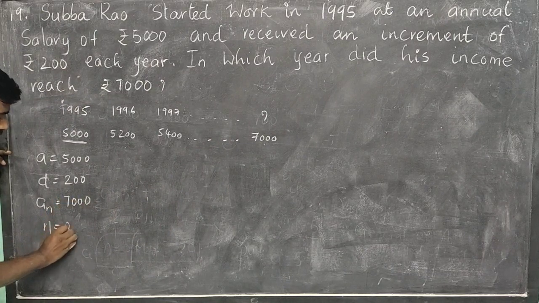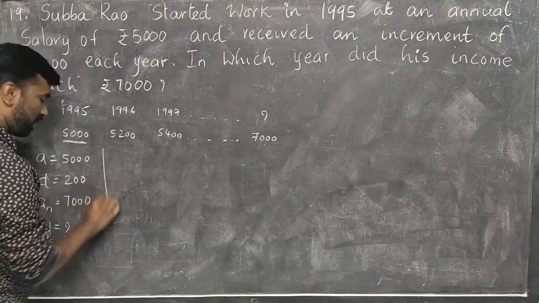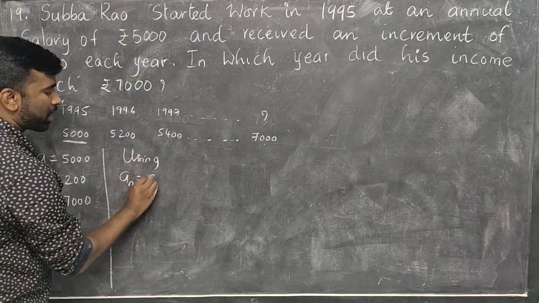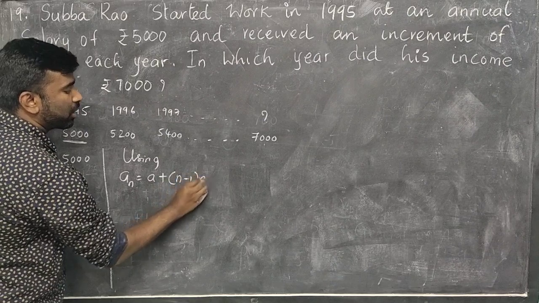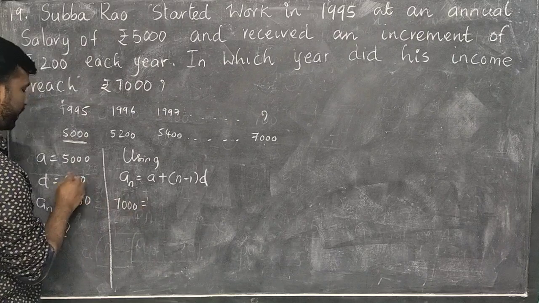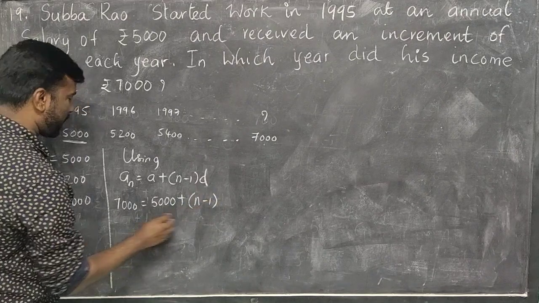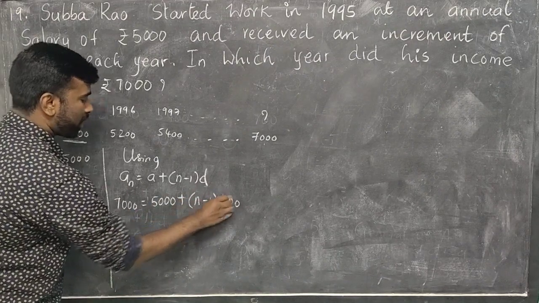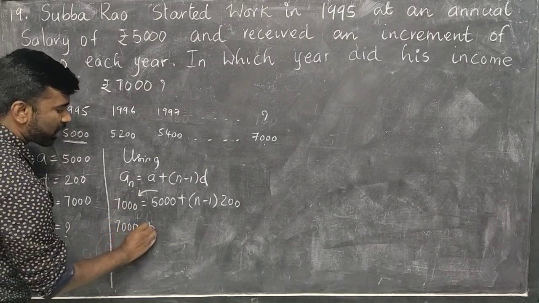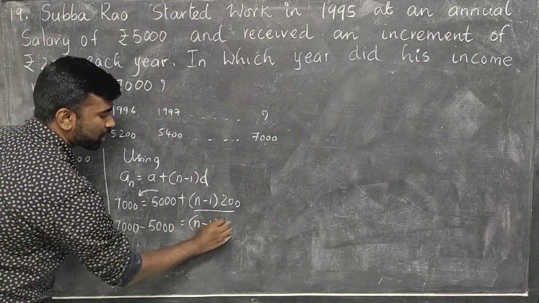Now we should find the value of n, that is, in which year his income will reach 7000, using the formula an equals a plus n minus 1 into d. an is 7000, which is equal to a, that is 5000, plus n minus 1, keep as it is, into d, which is 200. Now shift 5000 to the LHS: 7000 minus 5000, which is 2000, equals n minus 1 into 200.